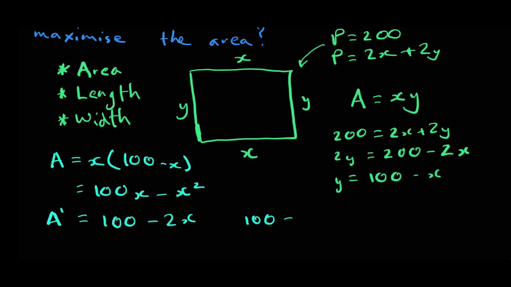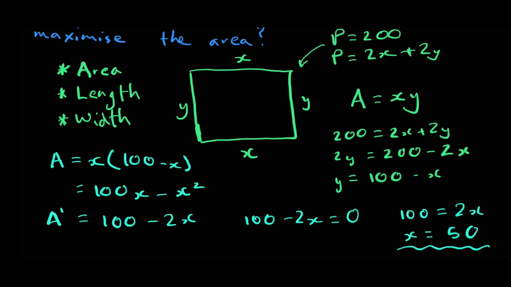And now we need to set that to 0, so 100 minus 2x equals 0. Then we can add 2x to both sides. So 100 equals 2x. And then if we divide both sides by 2, we get that x equals 50.